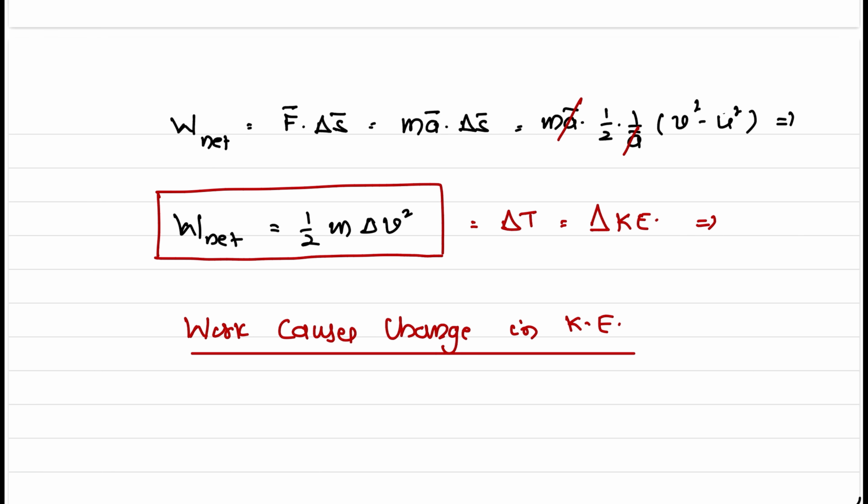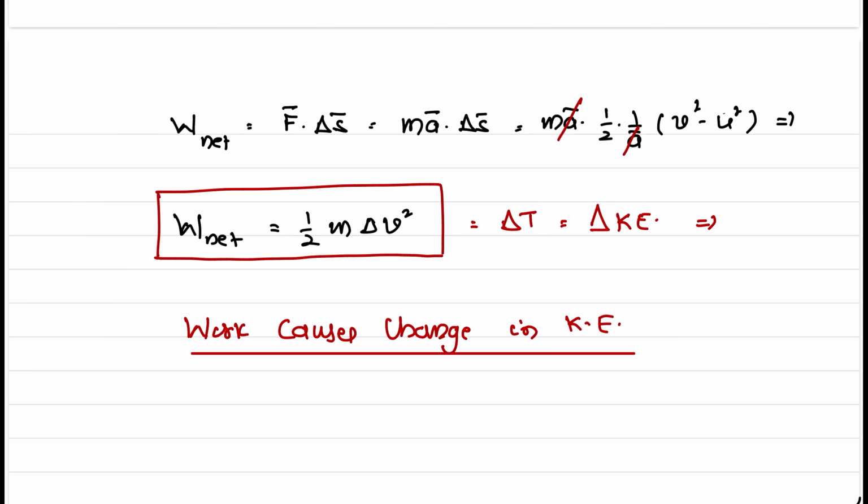Once work is done on the particle, what are the physical changes it is going to make? The physical change it is going to make is a change in the kinetic energy. That's what we have proved here. Work causes changes in the kinetic energy.